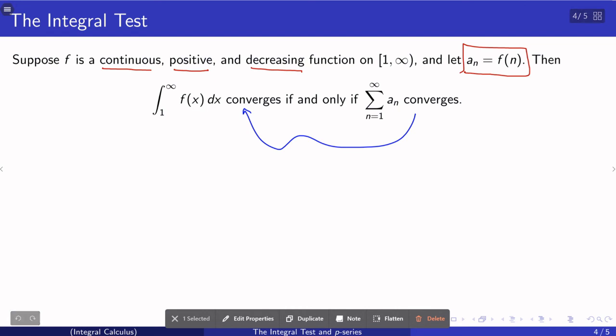Now, a few notes here. It's not actually necessary that we start the sequence at 1. I could also start the sequence at like 10 or something. And looking at the same improper integral will give you the same result. And simply the reason for that is saying that a series converges or diverges is really saying something about the long-term behavior of your series, right?